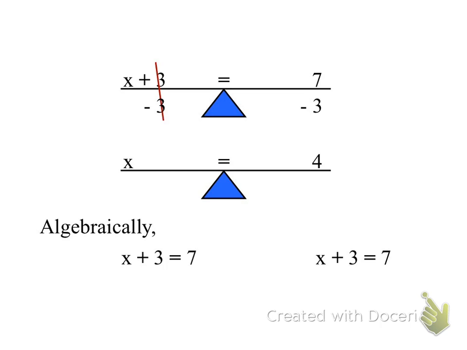What's next to the x? Yes, Eva. What kind of 3? So what would I need to add to the positive 3 to make it become 0 and get that x all by itself? Josh? Negative 3. What does that make when you have positive 3 and negative 3?